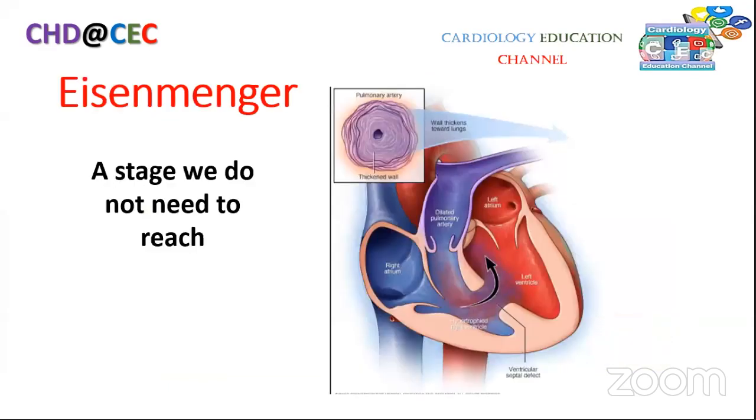And we must know and prevent reaching the end stage of Eisenmenger syndrome, in which there is a permanent increase in the pulmonary blood pressure, leading to reversal of shunts from the right side to the left side, leading to very, very difficult and limited treatment options.